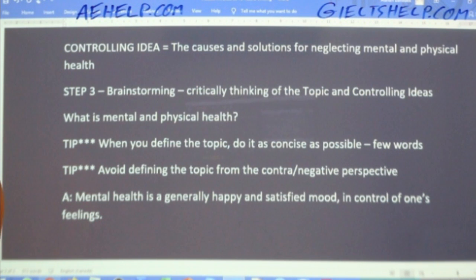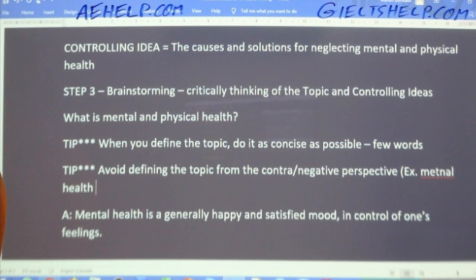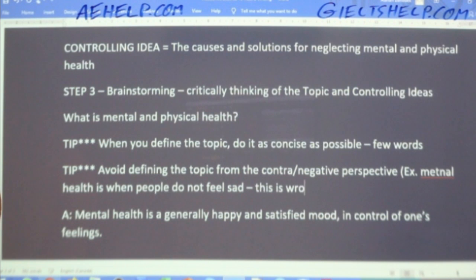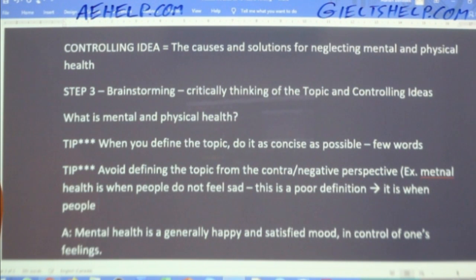So, for example, okay, mental health is when people do not feel sad. Okay, so this is wrong, or this is a poor definition, I should say. It's not wrong, this is a poor definition. Instead, look for the positive. It is when people feel happy.